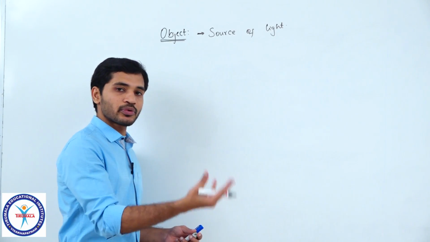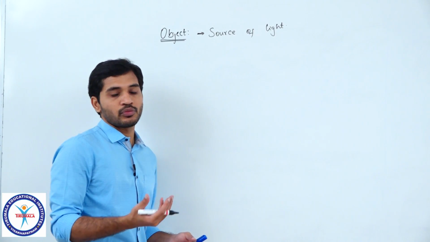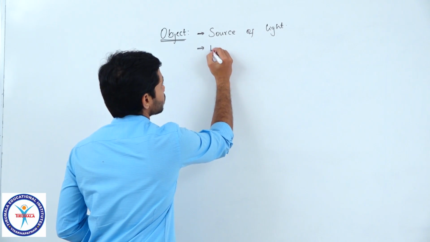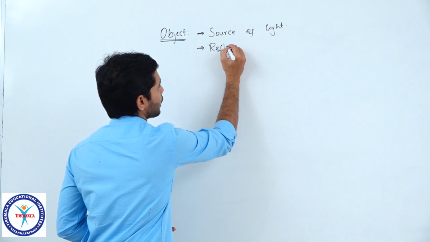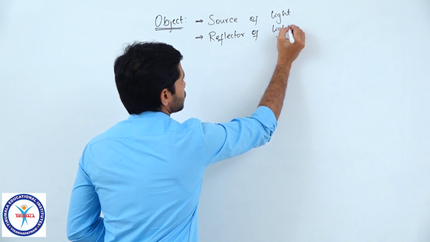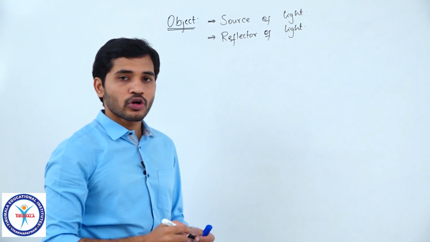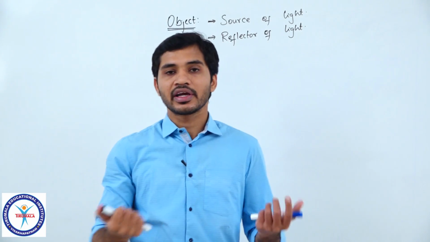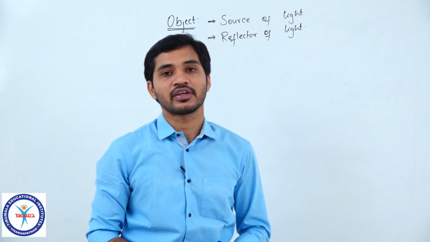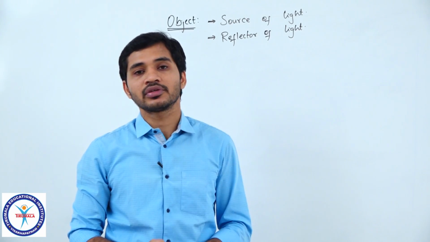One is that it may produce light, and the most common scenario is that it may reflect light. It could also be a reflector of light. And most objects which we see in our daily life are because of this property, because they are all reflectors of light. Otherwise, we would not be able to see them.